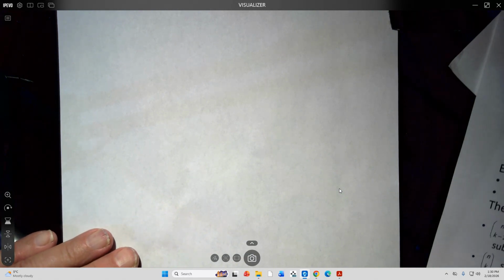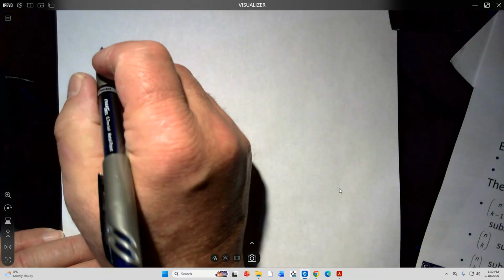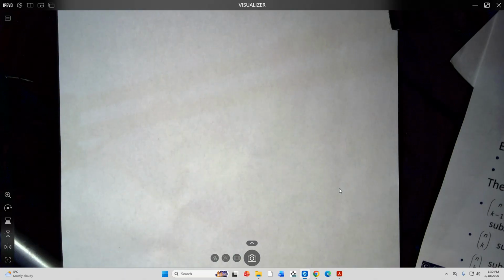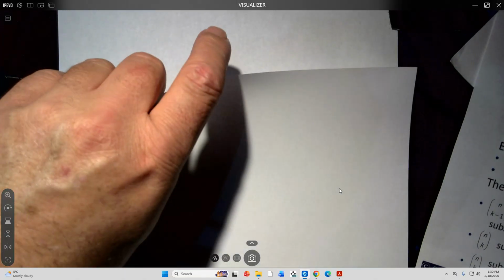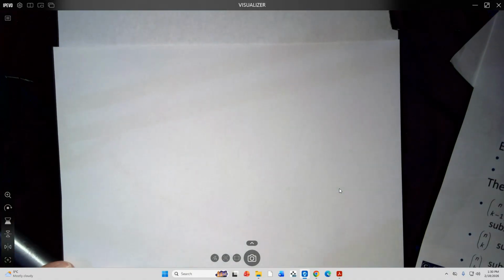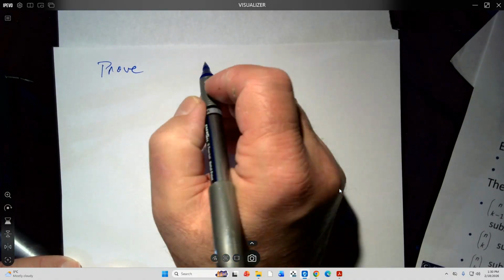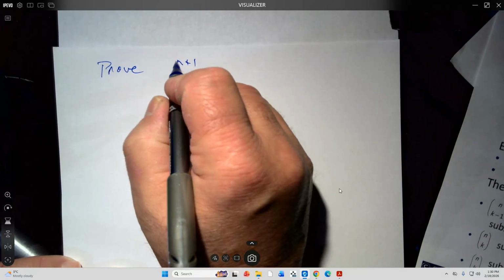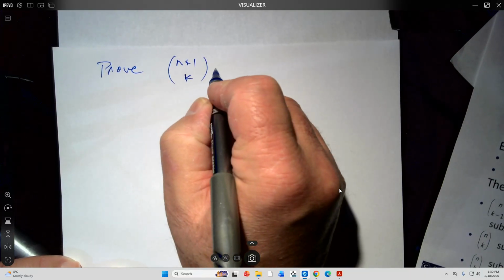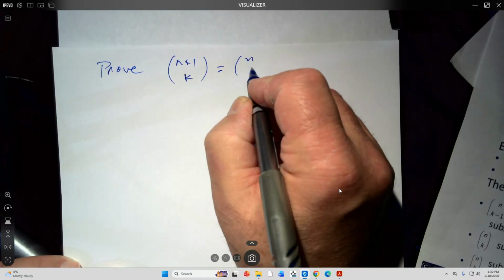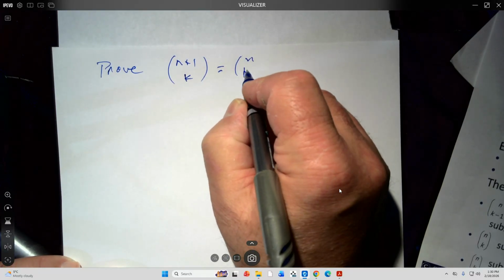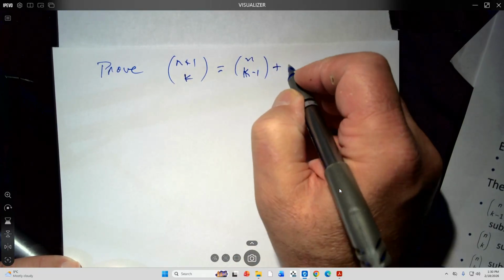We want to prove that n plus 1 choose k equals n choose k minus 1 plus n choose k.